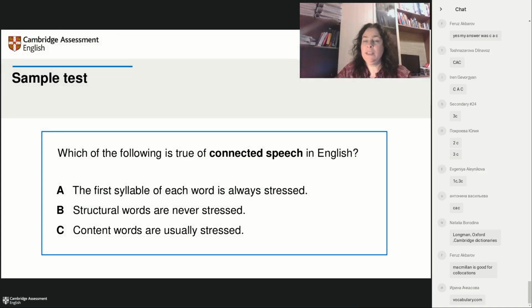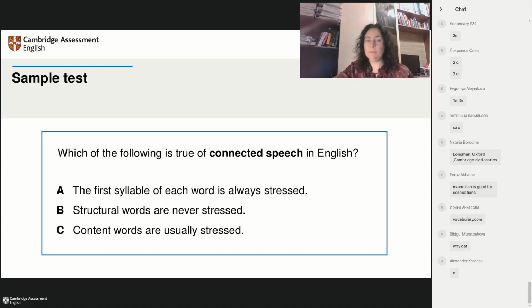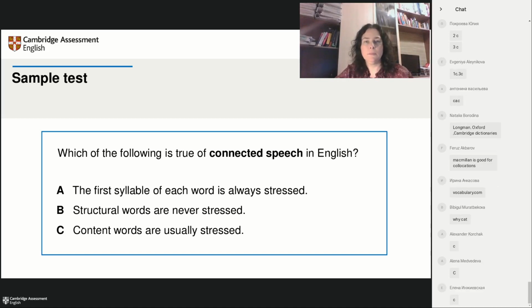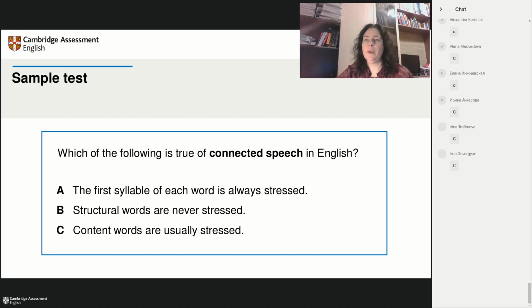Okay, have a look at this task. Hopefully it won't be difficult. Type in the answers in the chat box when you're ready. Okay, yeah, you're absolutely right.